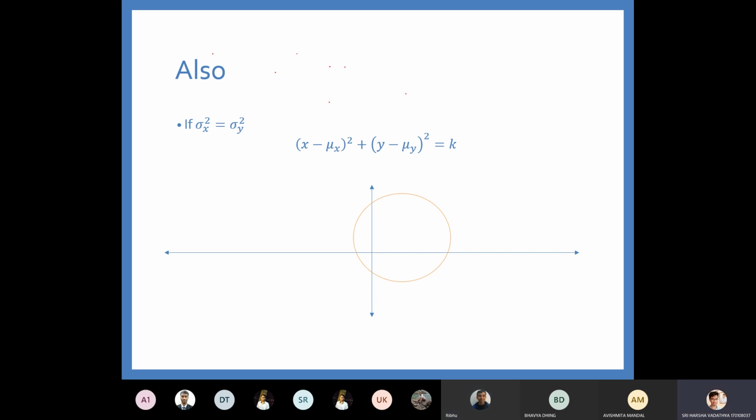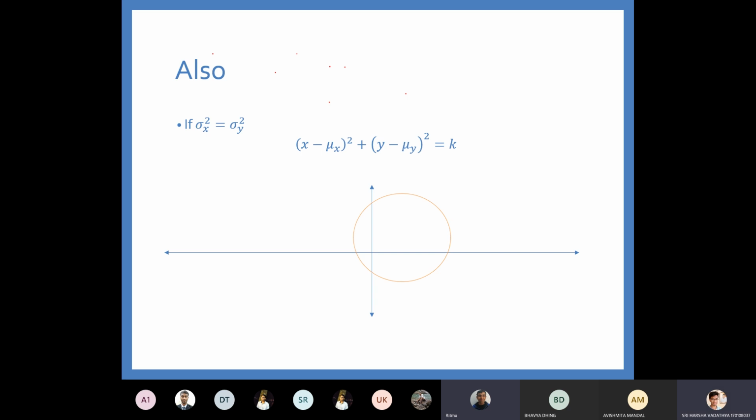Sir, when sigma x square is equal to sigma y square, it turns into a circle, but in d dimensions, I have not understood how we go to d dimensions. Okay, so this is in 2 dimensions, right? Yes, sir, in 2 dimensions, it is a circle, fine.